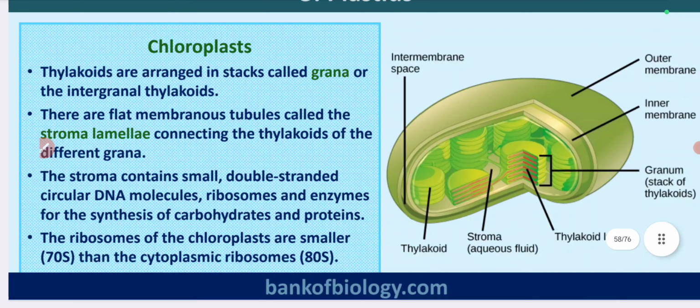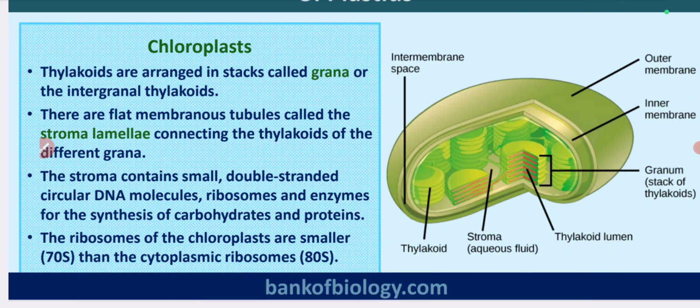Thylakoids are arranged in stacks called grana or the intergranal thylakoids. Grana or granum you can see in the diagram. Flat membranous tubules called the stroma lamellae connect the thylakoids of the different grana. Stroma lamellae, which connect the two grana.